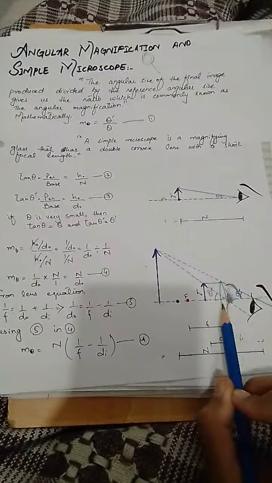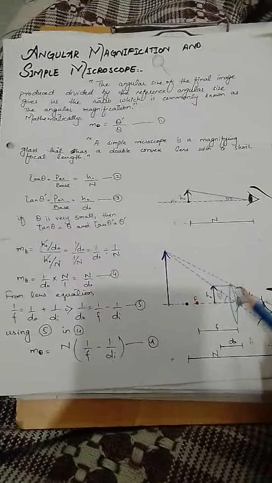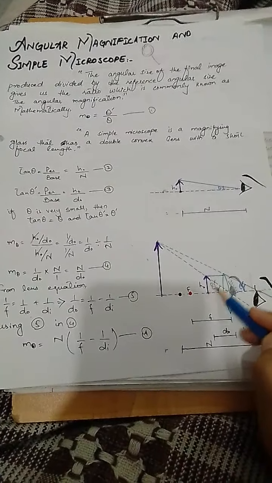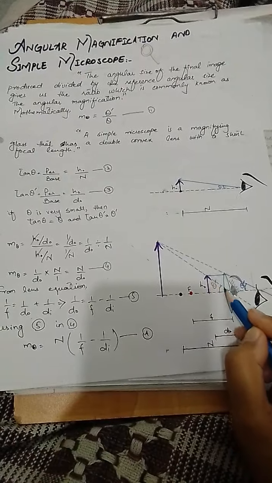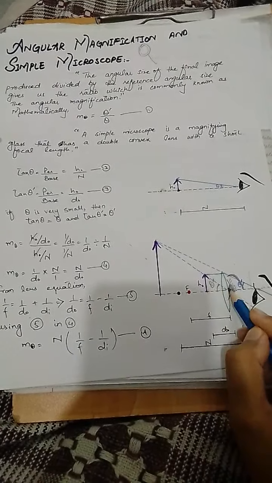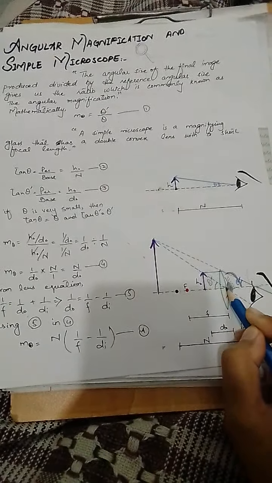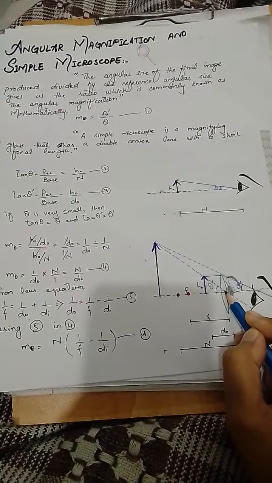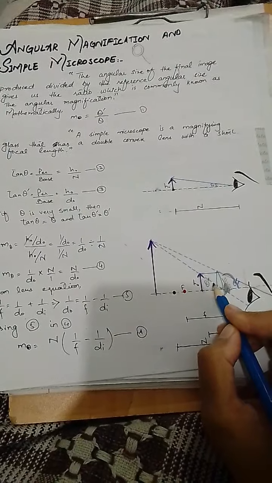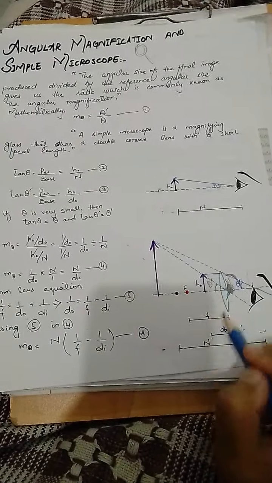Next, we are going to use this image, and from this image we just use this triangle. That is why we have brought this eye so close that it just starts seeing at this point, and the angle it makes is given by this theta dash.